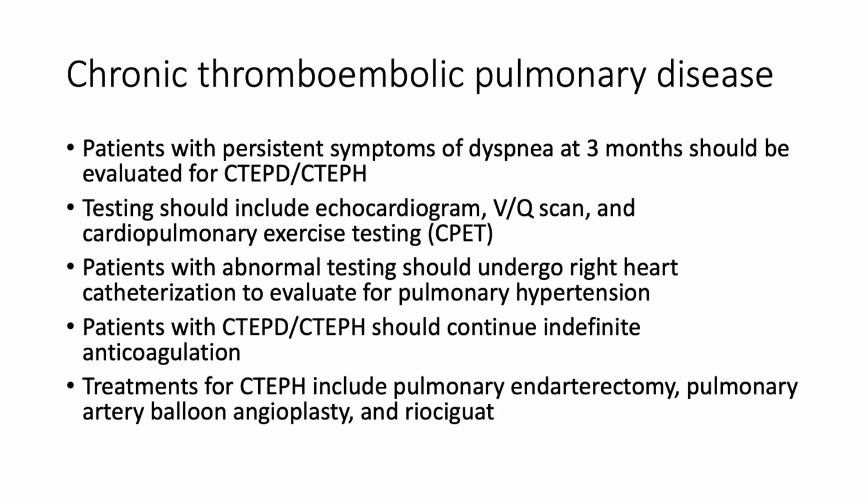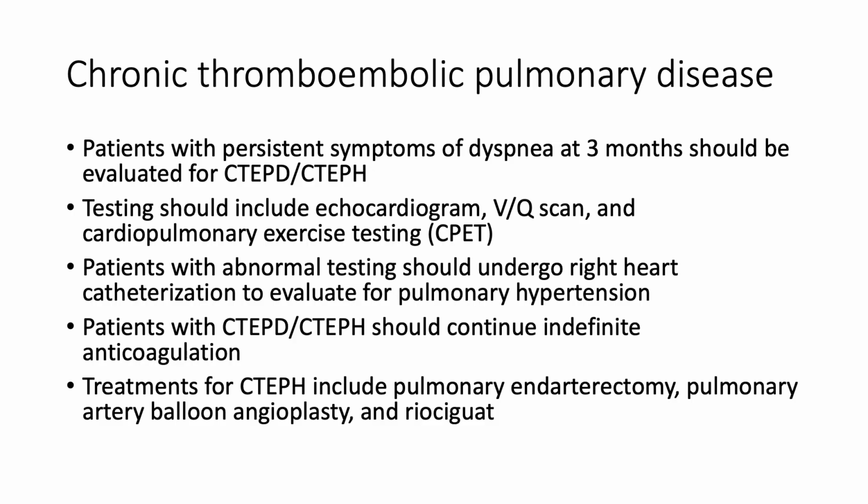Now, some patients with pulmonary embolism will go on to develop chronic thromboembolic pulmonary disease. And so if you have a patient with persistent symptoms of dyspnea 3 months after their PE, you should evaluate them for this. And the testing includes getting an echocardiogram to look for signs of pulmonary hypertension, get a VQ scan to look for perfusion defects, and also get cardiopulmonary exercise testing.